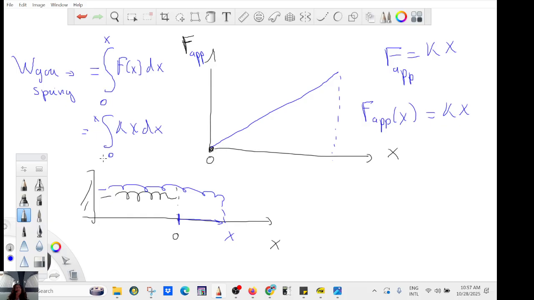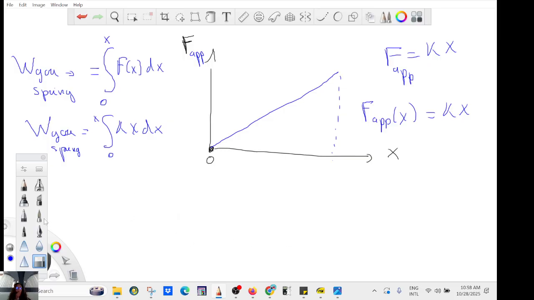How do we integrate this? kx squared over 2. Integral of x. Okay? So the work done, you are doing work.